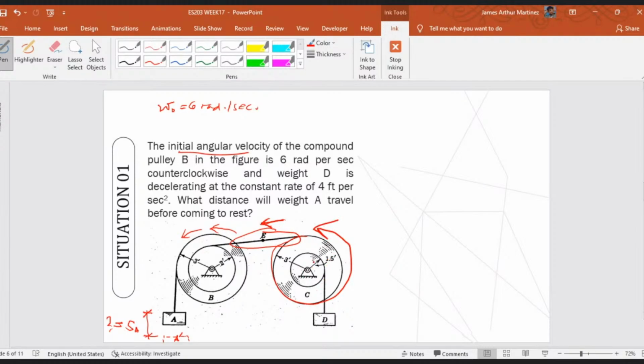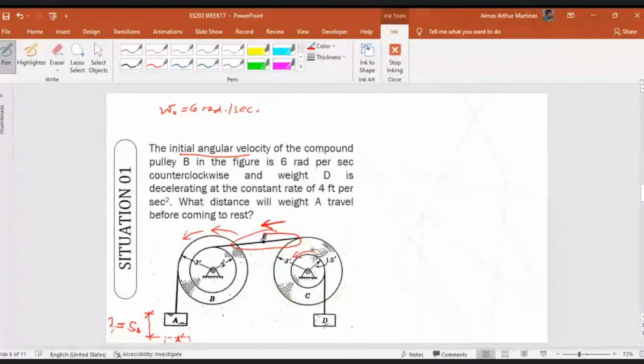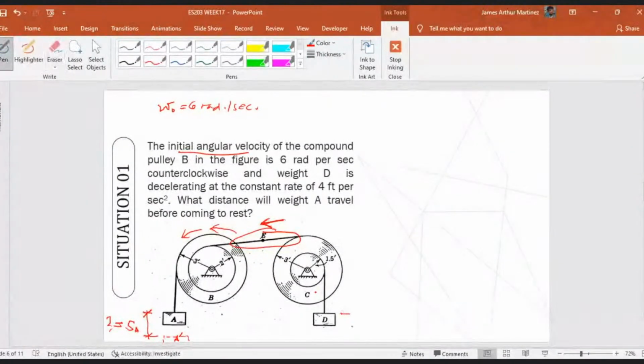And if this will rotate counterclockwise, so musaka si weight D. Weight D will move upward or will rise. So let's say na nadiri si point D.